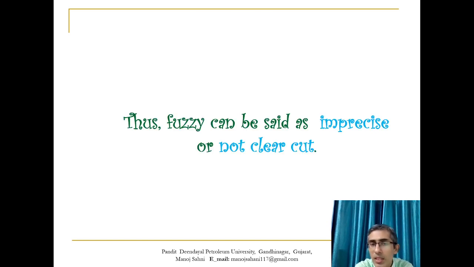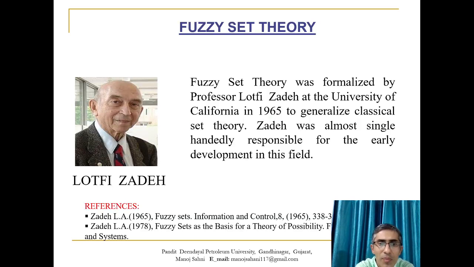What is actually a fuzzy set? In simple English, fuzzy means imprecise or not clear. This is the person who is actually the architect of the development of fuzzy set theory. In 1965, he gave this concept, and a lot of papers and applications were shown by this scientist.